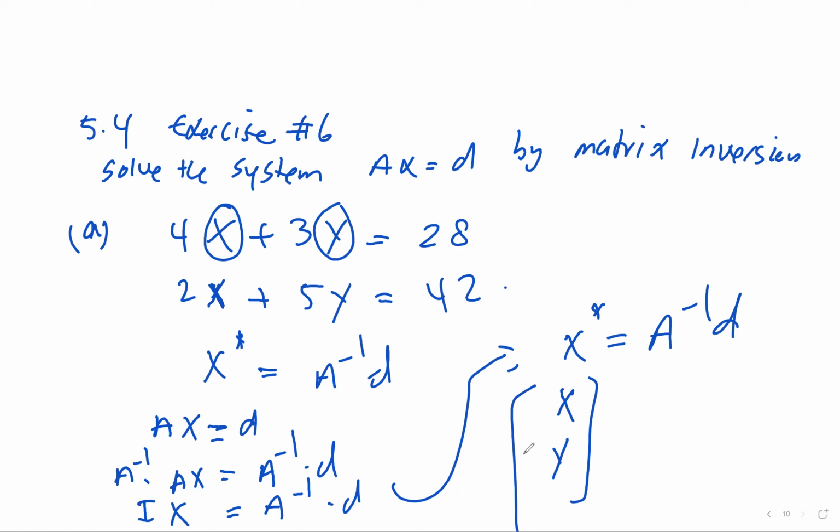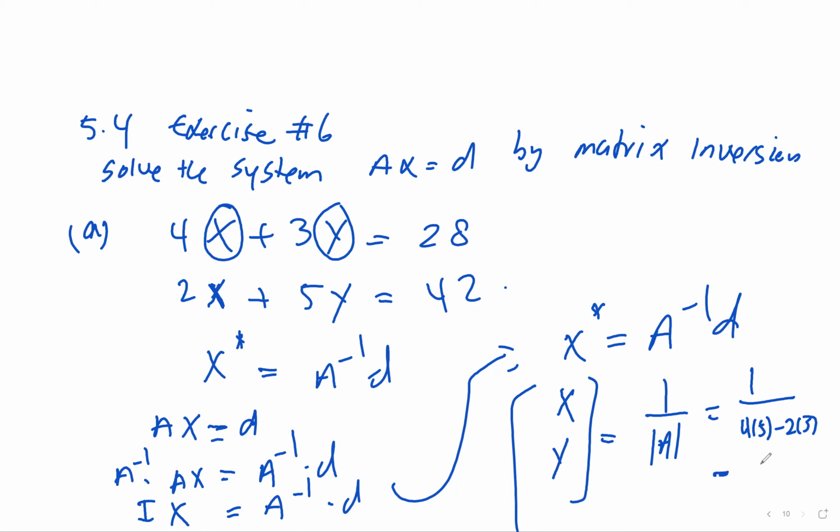So the inverse of this, the way we calculate the inverse, is equal to 1 over the determinant of this matrix A. If you write it in terms of matrices, you can say 4, 2, 3, and 5, so that's 4 times 5 minus 2 times 3.